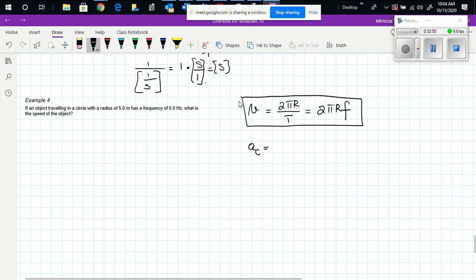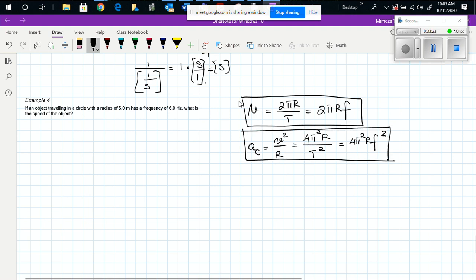On the other hand, the centripetal acceleration is v squared over r, or, going through the calculations, 4 pi squared r over T squared, or 4 pi squared r f squared. I do not think that those last two options that you see here are in your formula sheet.